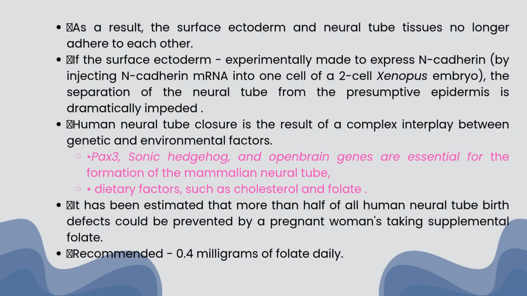The epidermal and neural tube tissues no longer adhere to each other. When the surface ectoderm was experimentally made to express N-cadherin by injecting the mRNA into one cell of a two-cell stage Xenopus embryo, the separation of the neural tube from the presumptive epidermis was dramatically impaired.